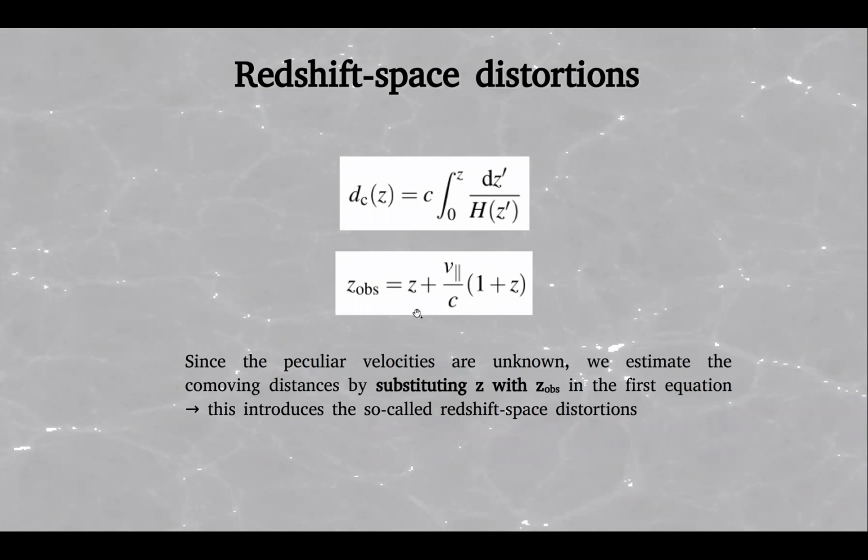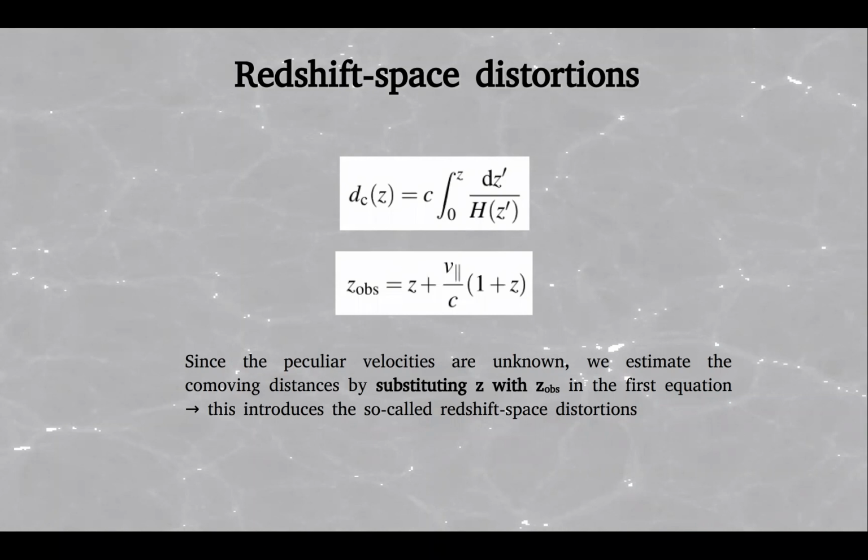This error depends on the line of sight, and so introduces an anisotropy. The good point, however, is that it is related to the peculiar velocity, and so from these distortions that we obtain in the map with this error, we can constrain the peculiar velocity field. So basically, this is the effect of space-time distortions at small scales, while the first one is the effect of space-time distortion at large scale.